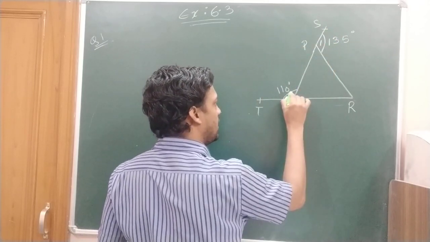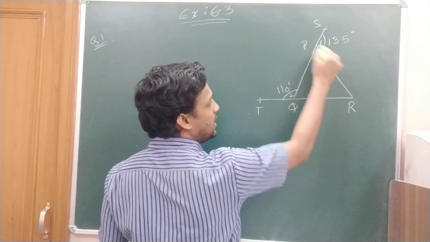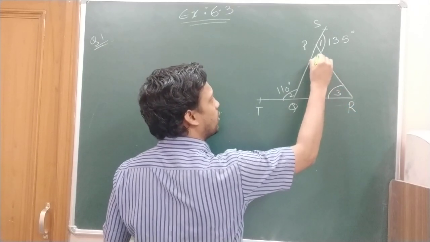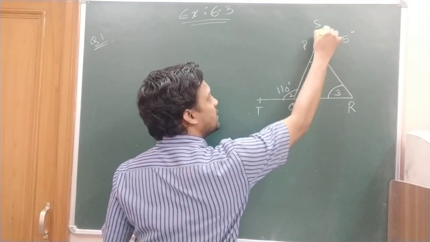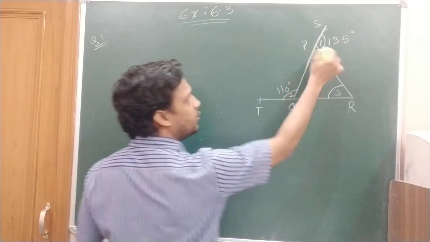Let them be angle 1 and angle 2. You have to find PRQ, which is angle number 3. Let this be angle number 4. This is a straight line, so by the linear pair property you can find angle 4, because 1 plus 4 equals 180 degree.